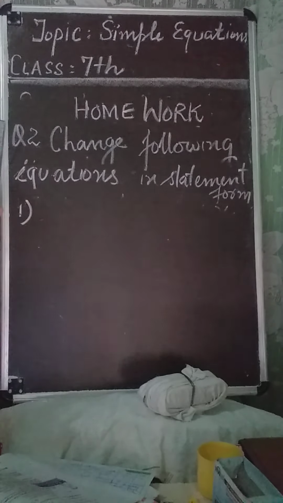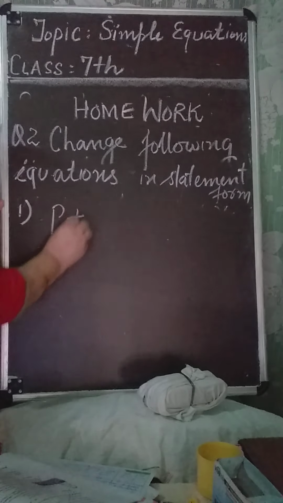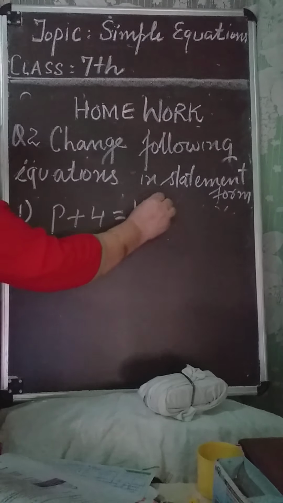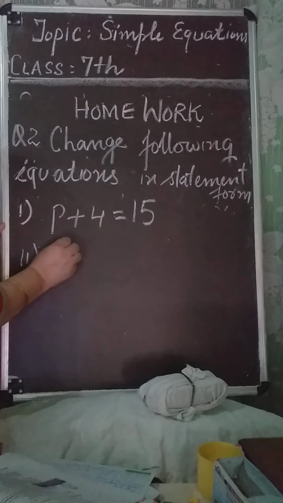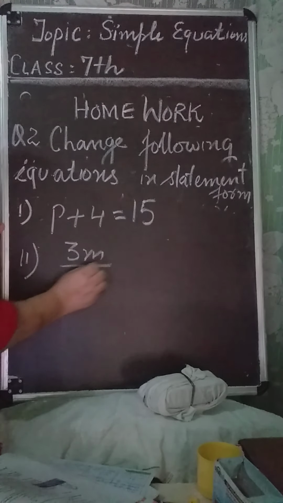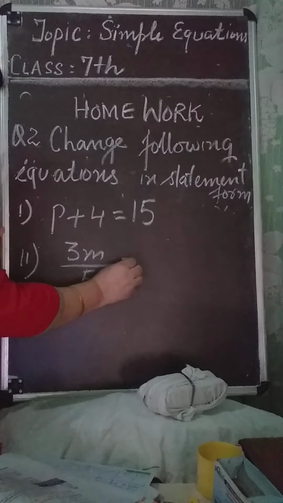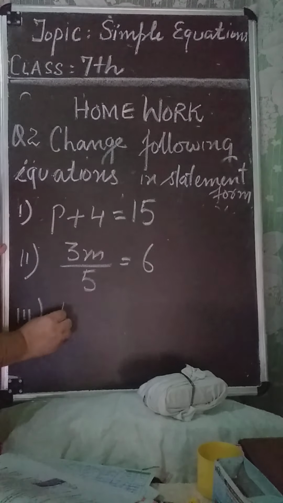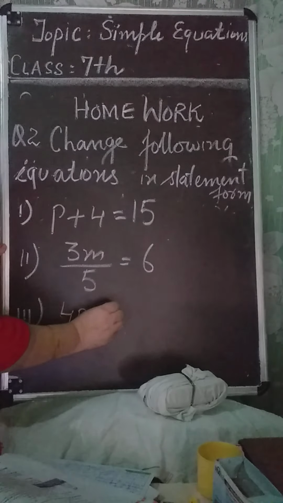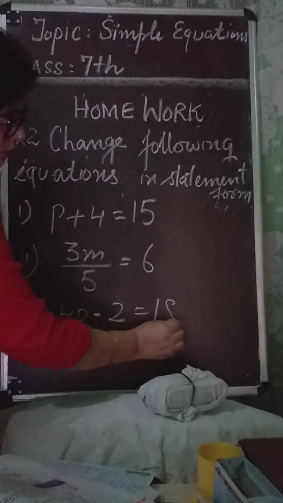You will change these equations into statement form. First, p plus 4 is equal to 15. Second, 3m by 5 is equal to 6. Third, 4p minus 2 is equal to 18.